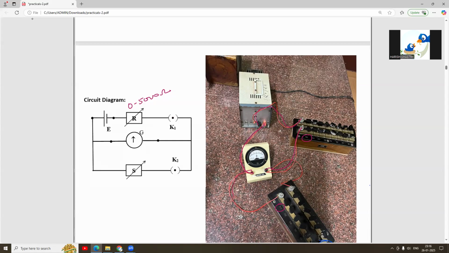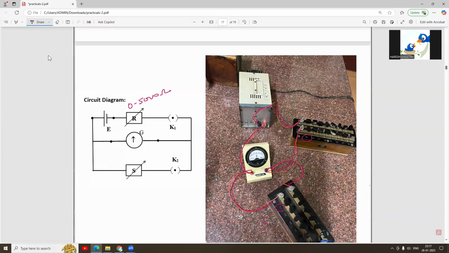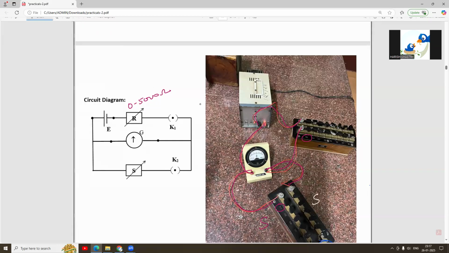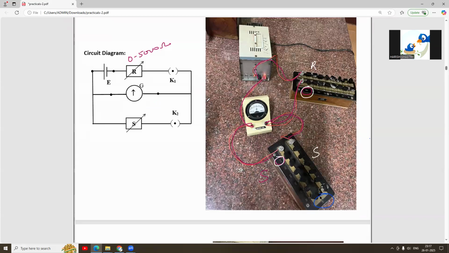And this comes in parallel with the galvanometer. Okay, I should have changed, I will change a color here. Yeah, this is S, and this is R. This is 5000 ohm here. This is 500 ohm here. But remember, in both the resistance boxes, the infinity key is unplugged. It is removed.